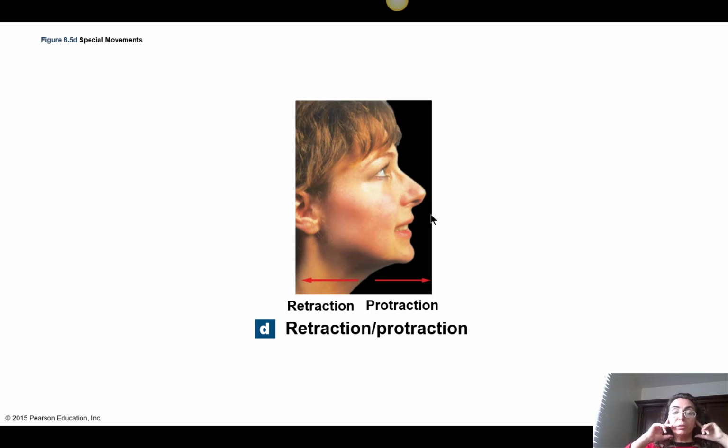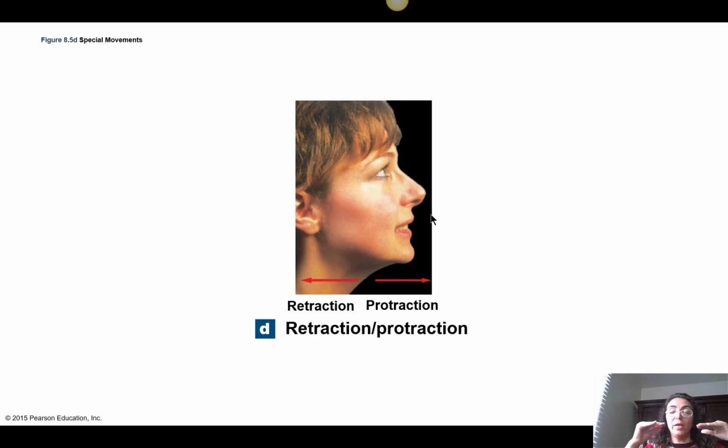Now, protraction and retraction is not opening or closing the jaw, as we had that as another movement, right? This one is talking about the horizontal movement of the mandible. If you bring the whole mandible forward, we call it protraction.